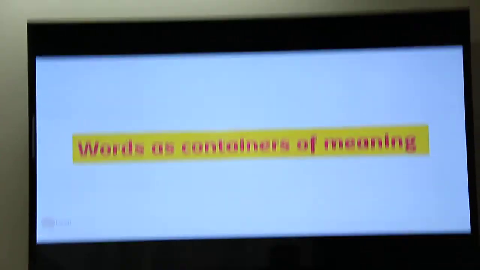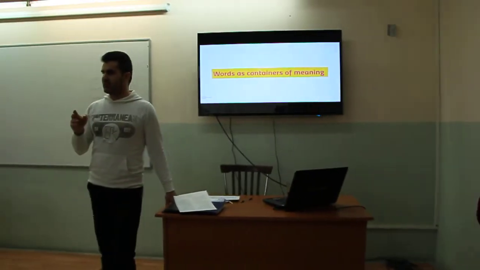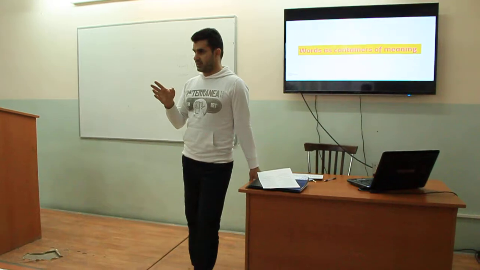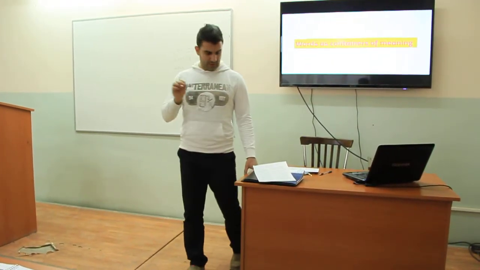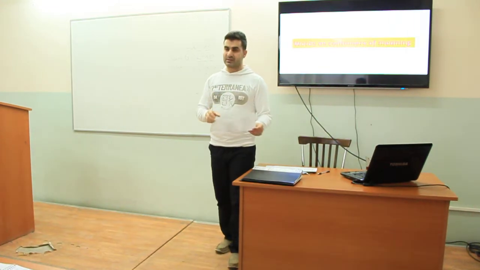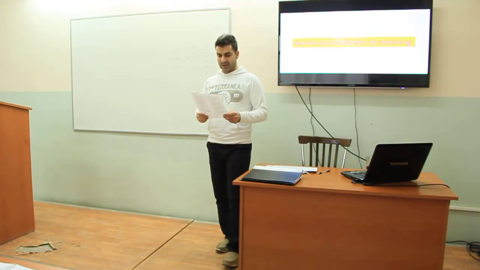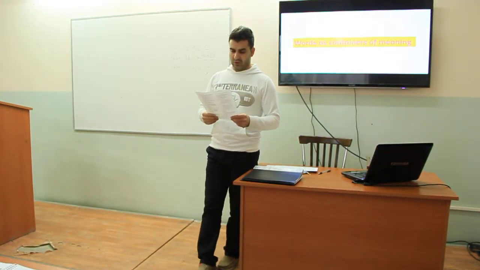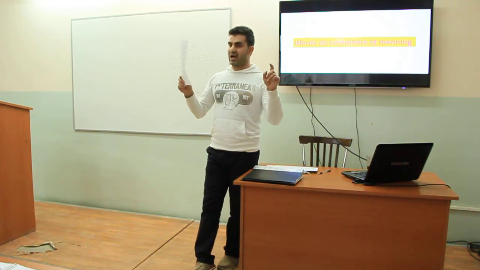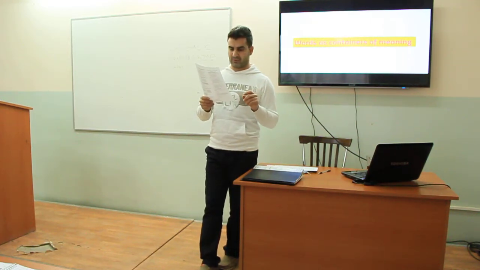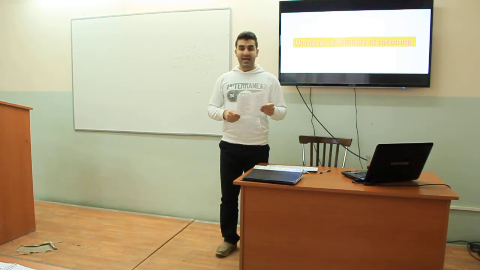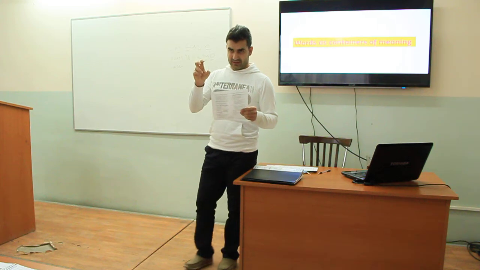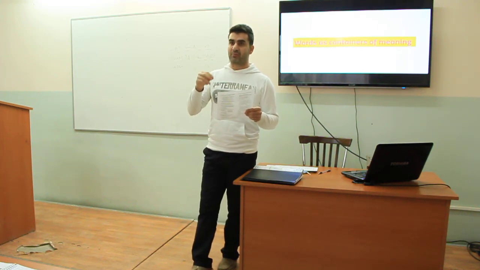Then we analyze words, phrases, or sentences through their semantic roles. For example, in this sentence, the boy kicked the ball, we call the noun phrase at the beginning, the boy, the agent. Why? Because he is the entity, the human, who performs the action.